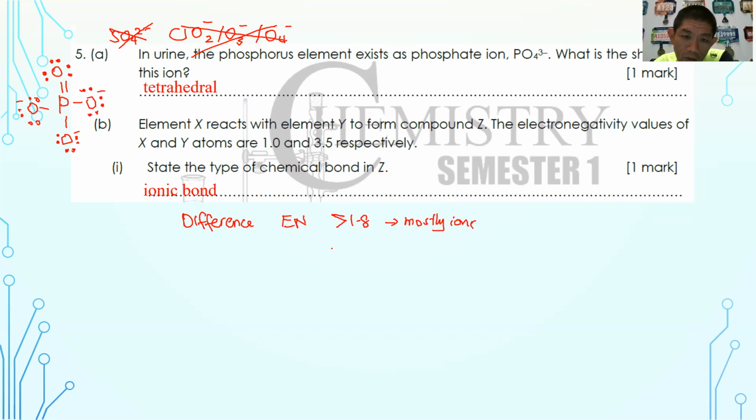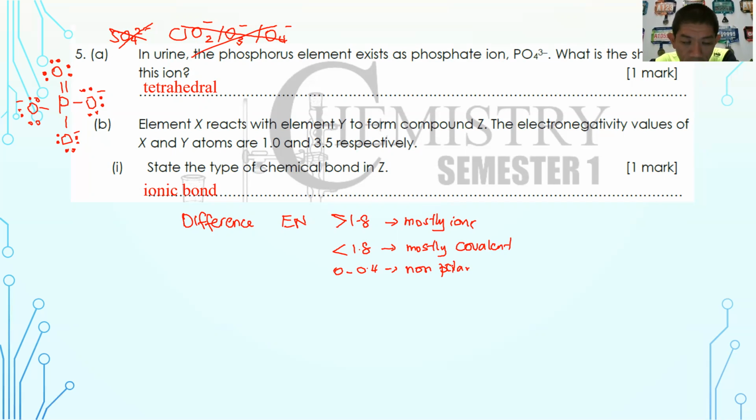When it is lesser than 1.8, it is mostly covalent. This is just a general guideline. And if it is between 0 and 0.4, then it is a non-polar covalent compound. For more information, you can refer to the notes inside the modules.